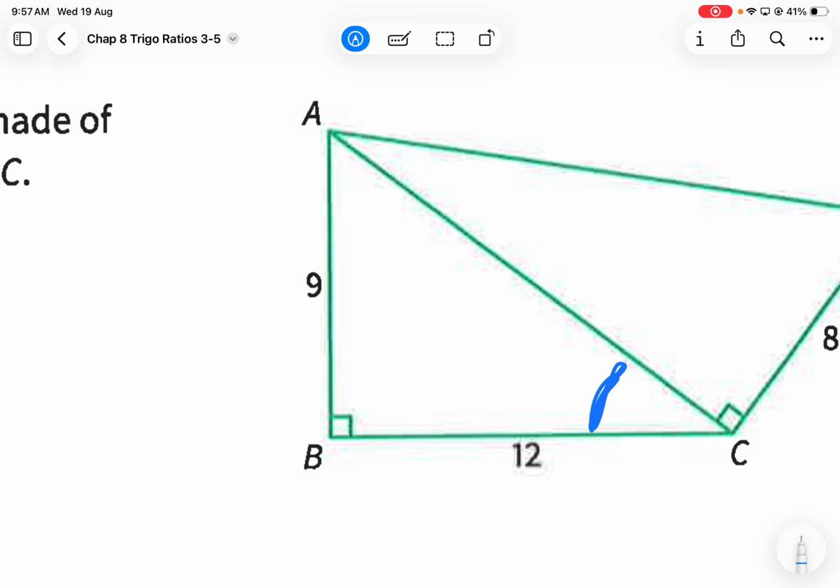So 9 is opposite my angle. What do I name 9? How do I name 9? Opposite. Good.